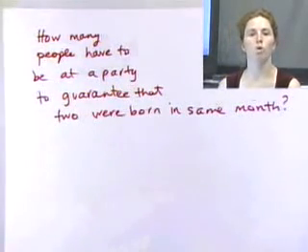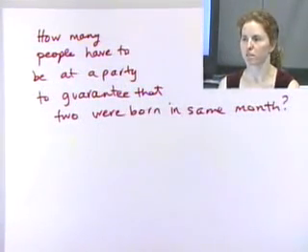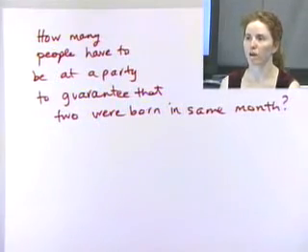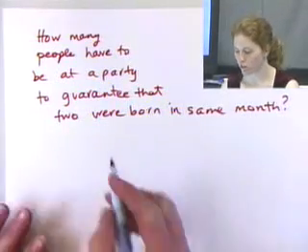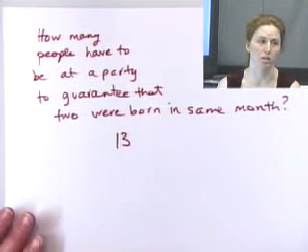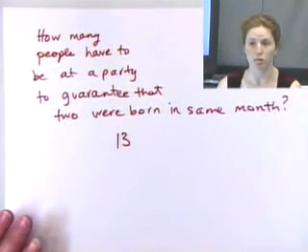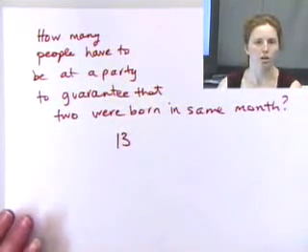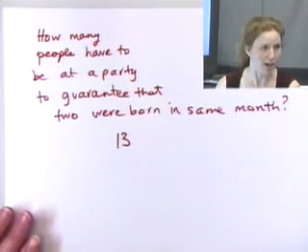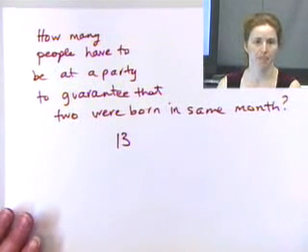Because I have to have more pigeons than holes. So the holes are the months. And if I want 2 in the same one, there have to be more pigeons than holes. So there have to be 13 people at the party to guarantee that 2 of them have a birthday in the same month. And you know that that's going to happen. So when 2 people at a party go, oh, I was born in August. Oh, you were born in August too. You're like, okay, at least one pair of the people in there has to have that happen if you have 13 people or more. Right?